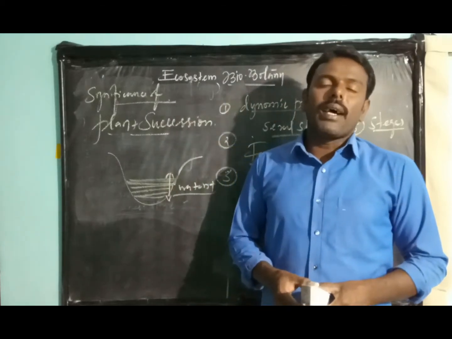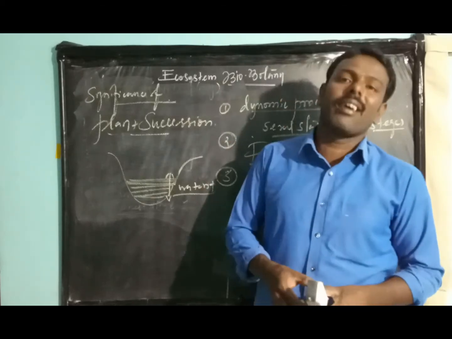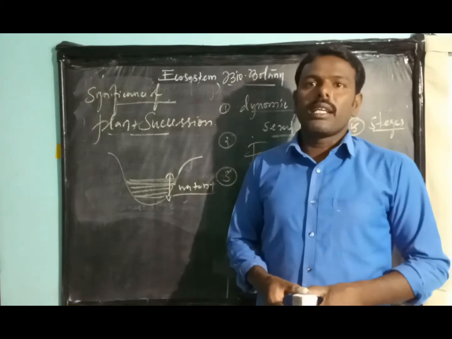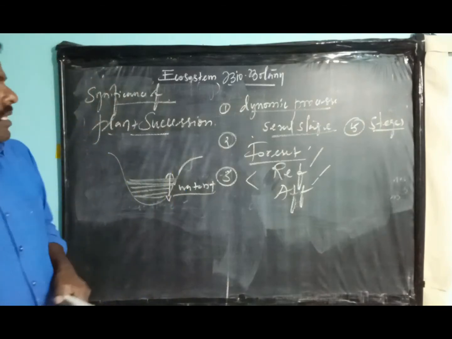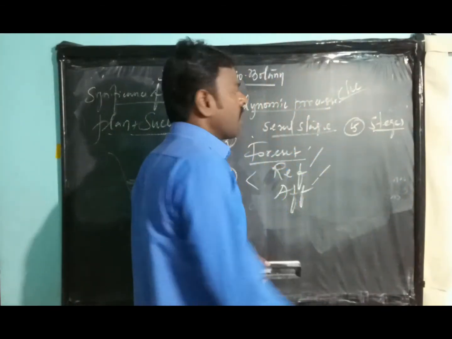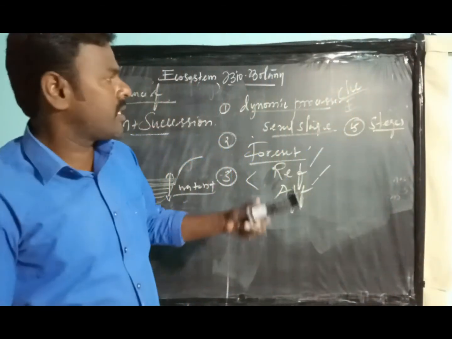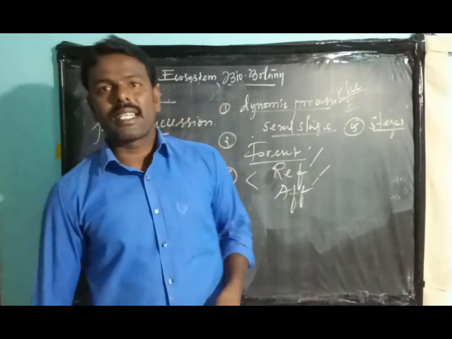The patterns of diversity during succession are affected by resource availability and disturbance by various factors, like climatic factors, edaphic factors, etc. All these factors affect the plants, and that knowledge is gained from plant succession.